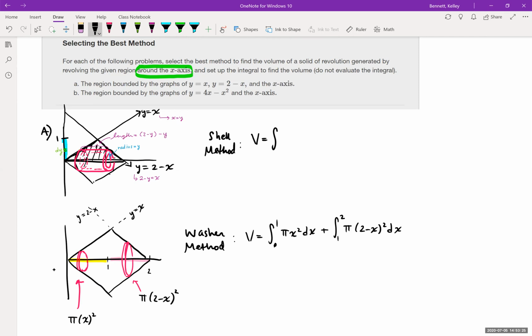So we're going to go from 0 to 1, and we're just going to multiply these all together. I have 2 pi y, which is my circumference. Then I have the length, which is 2 minus y, and then the width, which is dy. So this simplifies nicely.